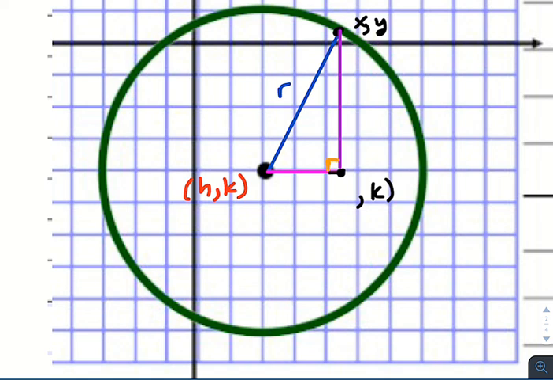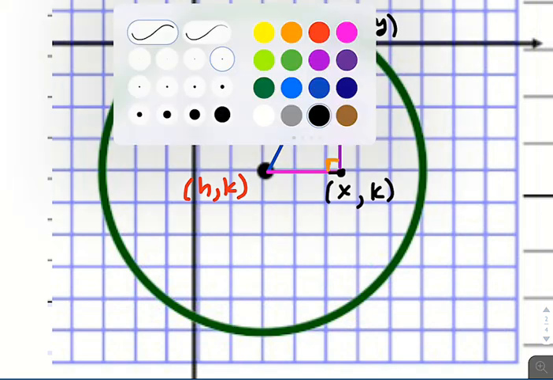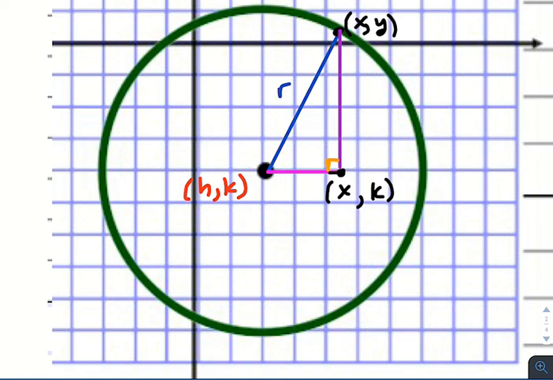Right? So in terms of distances, if we want to know how long this bottom line is, well, we are going from h to x, and so this should be exactly x minus h long. Okay. In terms of the change in y values, well, we're going from k to y, and so a subtraction problem, y minus k, should take care of this distance.